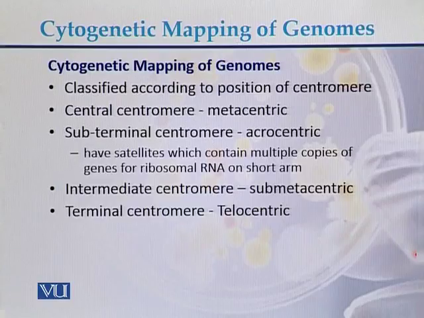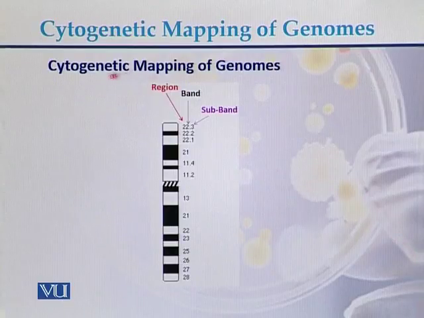So based on the position of the centromere, there can be 4 different types of chromosomes: metacentric, acrocentric, submetacentric, and telocentric.